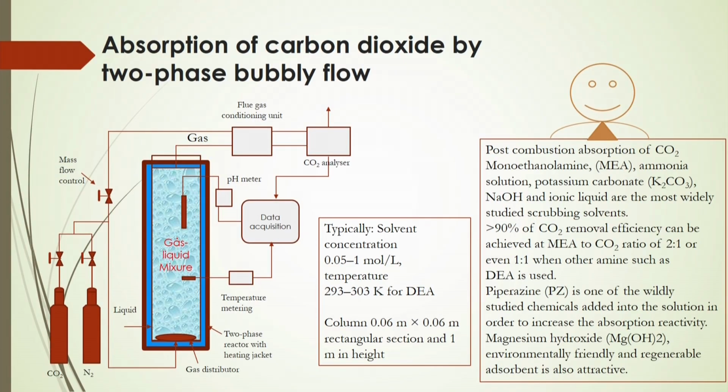Now, this overall mass transfer coefficient depends on the interfacial area. That is why carbon dioxide gas is supplied through the liquid as a dispersed phase of bubbles, where you can get more interfacial area.